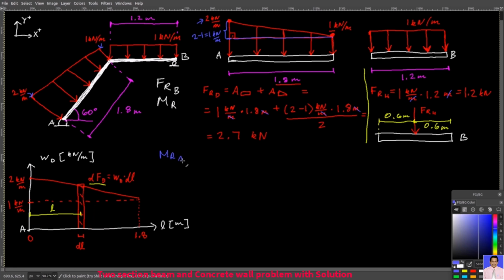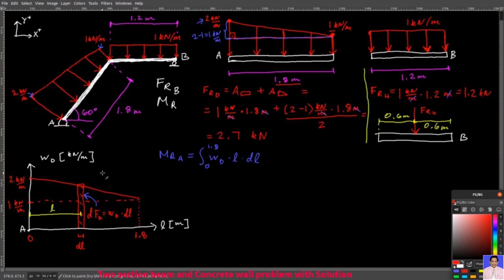And so the moment about point A equals the integral that you evaluate from 0 till 1.8 meters, and then you have the distribution function times L, which is this one here, times dl. Now the thing is that we don't know this distribution function mathematically, but it's quite easy to get.